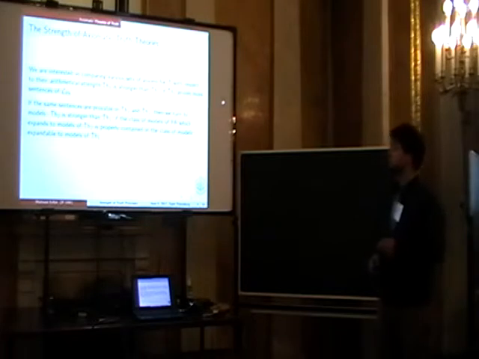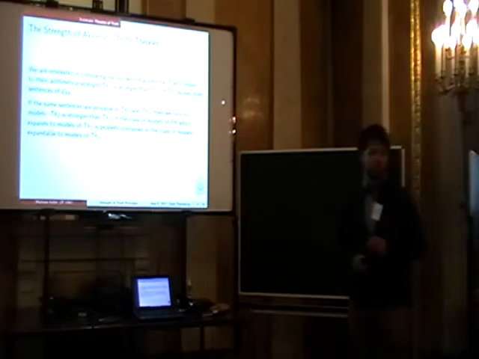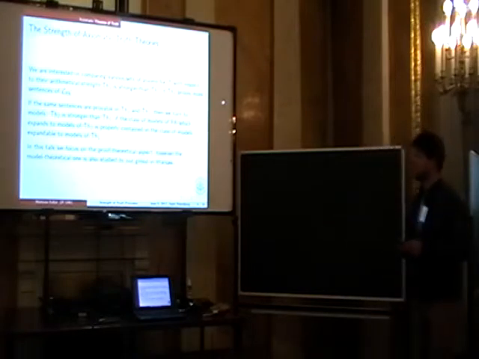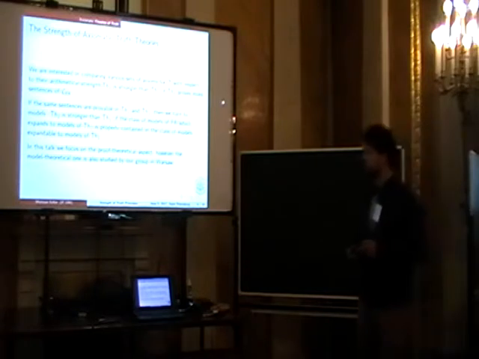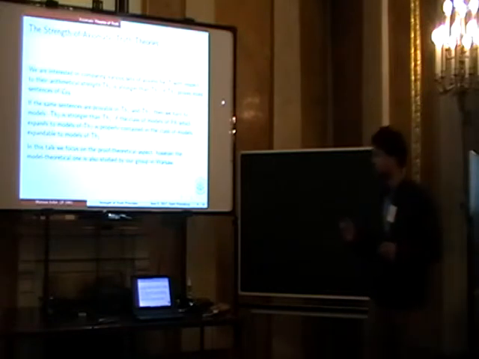TH2 is stronger than TH1 if the class of models of PA which expand to models of TH2 is properly contained in the class of models expandable to TH1. In this talk we focus on the proof-theoretic aspect. However, this second one is also our focus, and this is also the focus of our group in Warsaw.